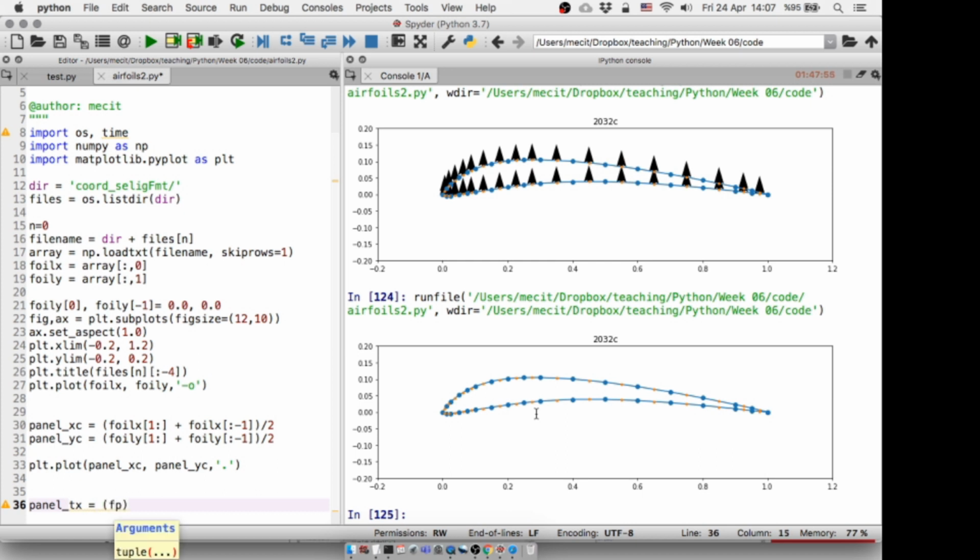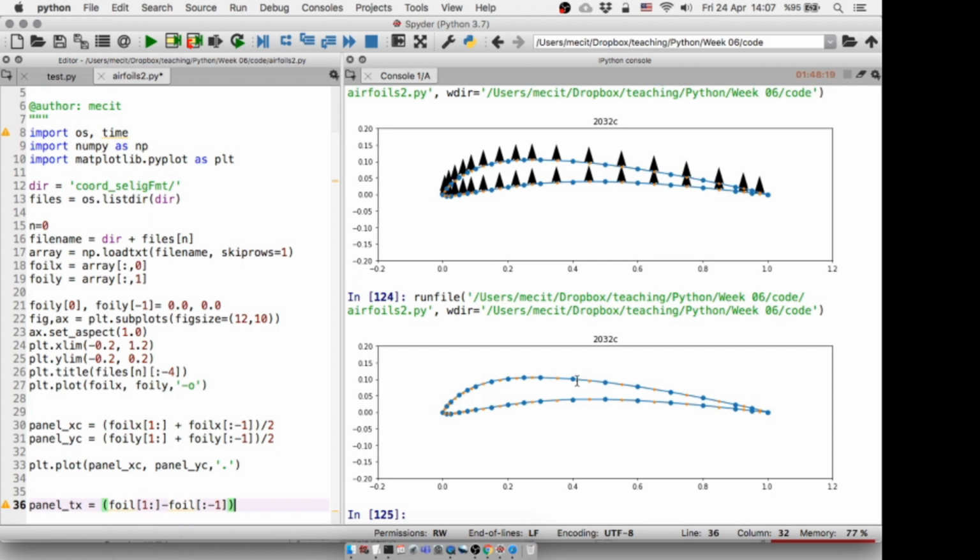If I do foil 1 minus foil, so the same expression here but with a minus, so I am subtracting this one from that one, this is going to give me a delta x.